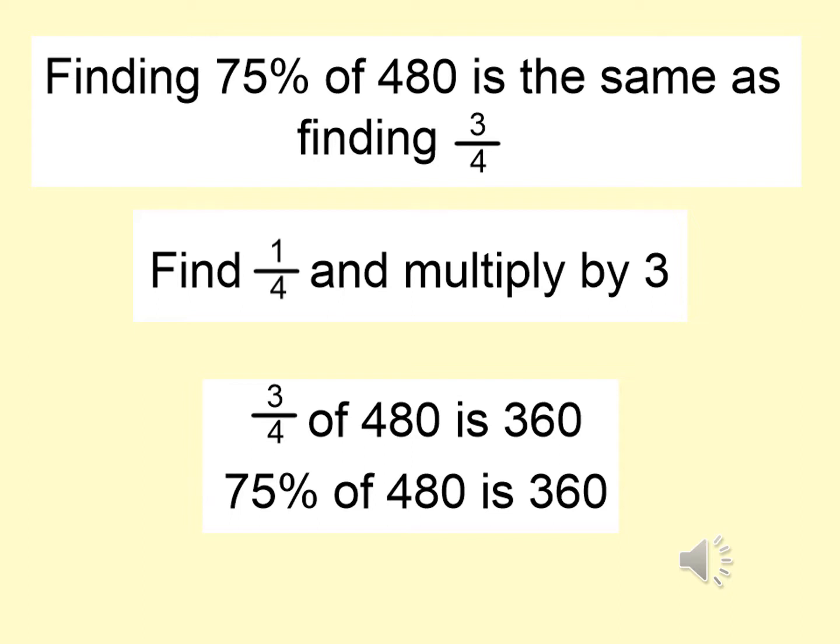In order to find 3/4, we first of all find 1/4 and then we multiply by 3. So if 1/4 of 480 is 120, to find 3/4, we have to just multiply that by 3. So 3/4 of 480 is 360. So it means 75% of 480 is also 360, because 3/4 and 75% are the same thing.